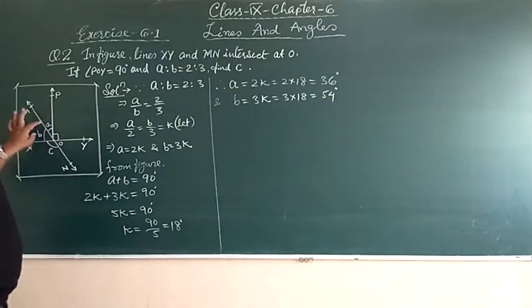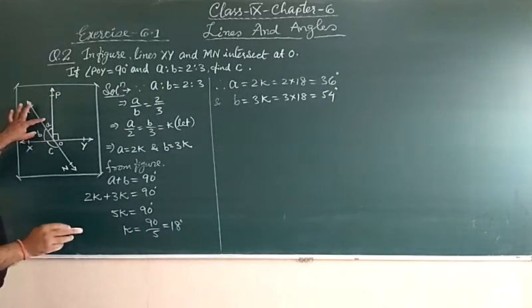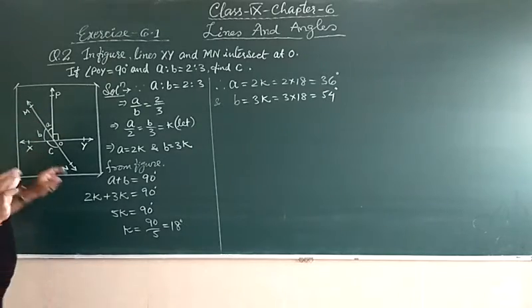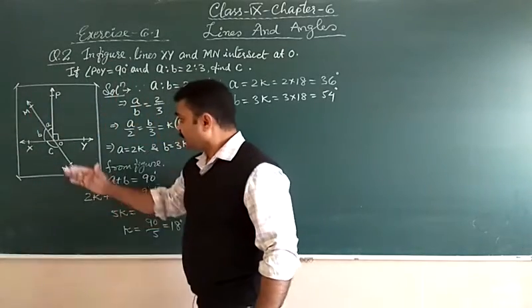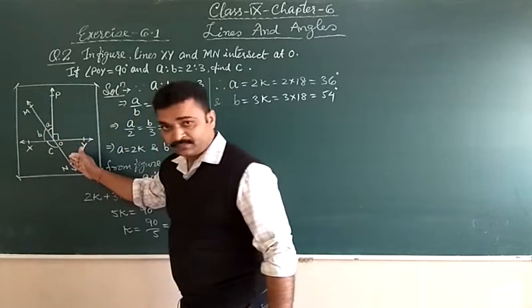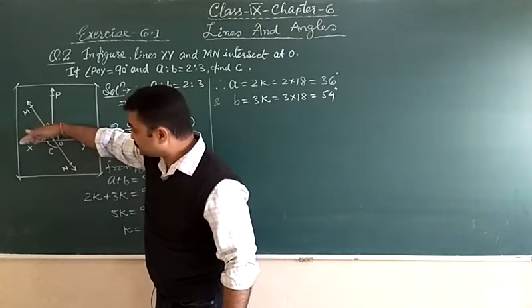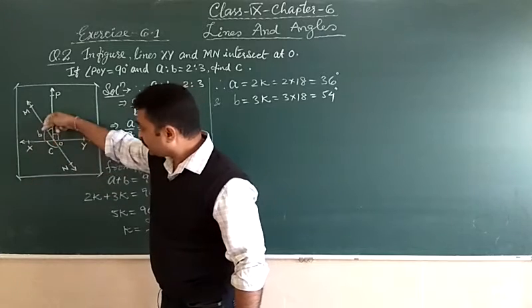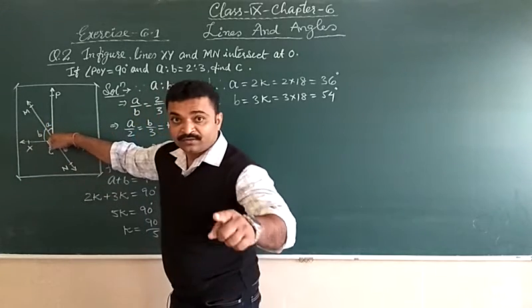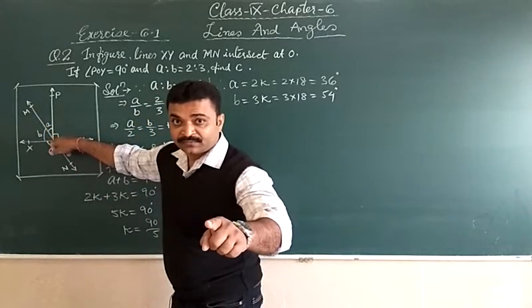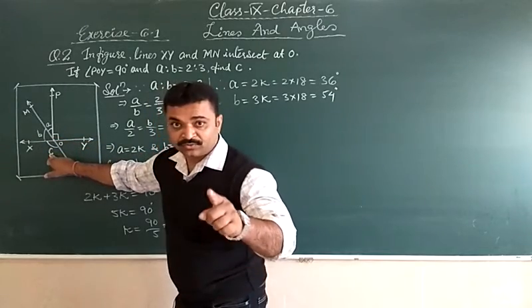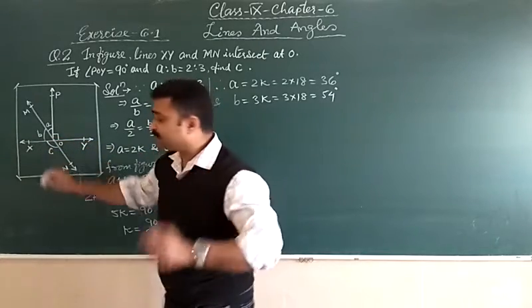So we have A and B, but we have to find angle C. See students, it's a line MN and OX. This OX stands on this line. Therefore, angle B plus C will make linear pair, and the sum of these two angles will be equal to 180, isn't it? Okay.